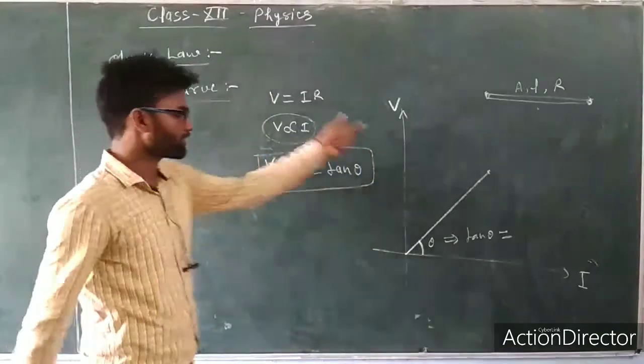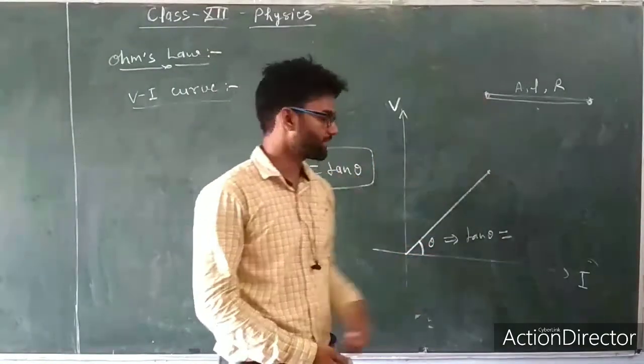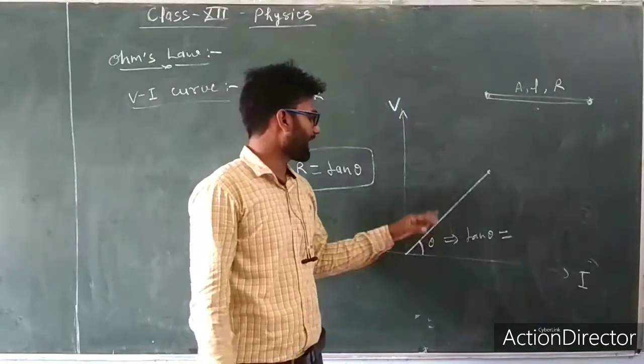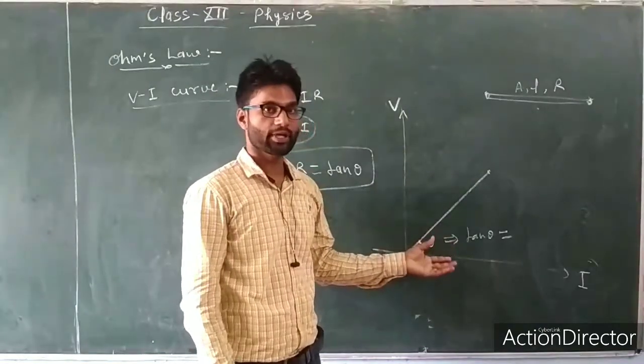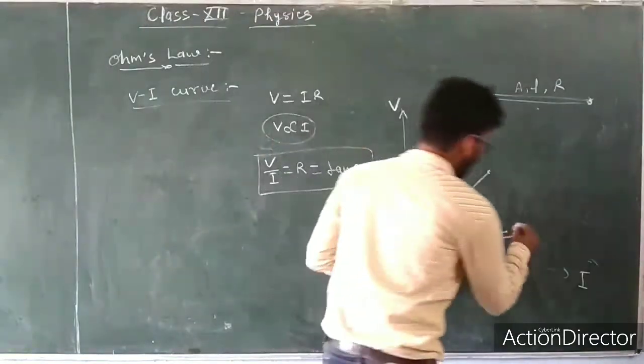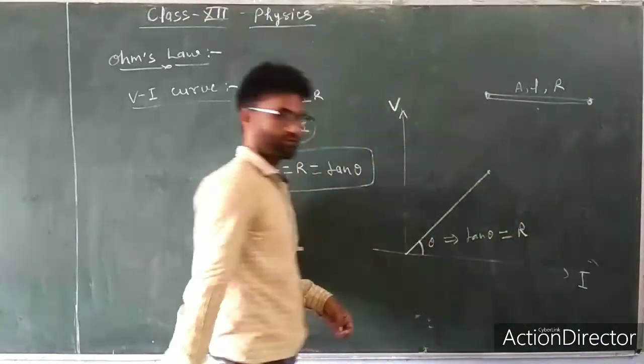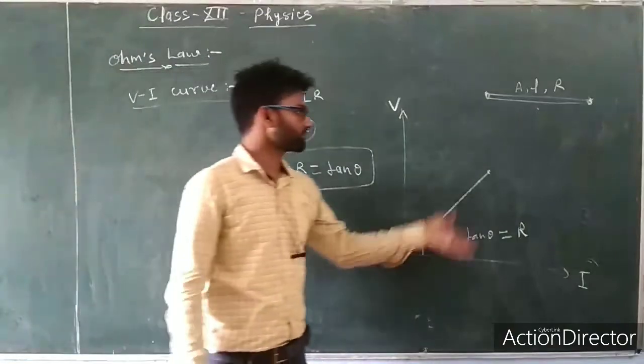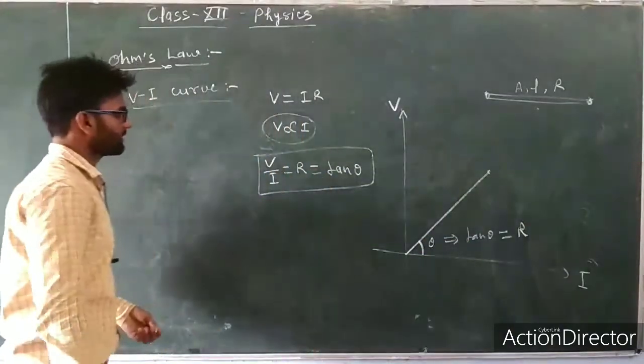So if the voltage current curve is given for a particular conductor, by calculating its slope, we can find out the resistance of the given conductor, right?